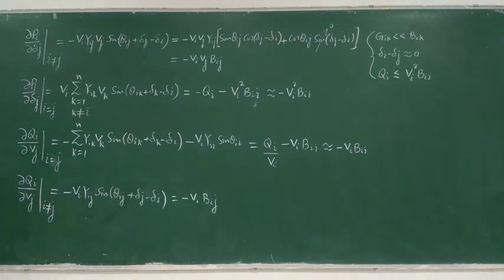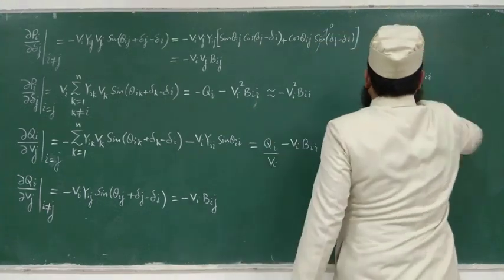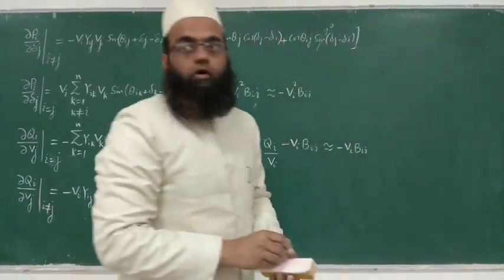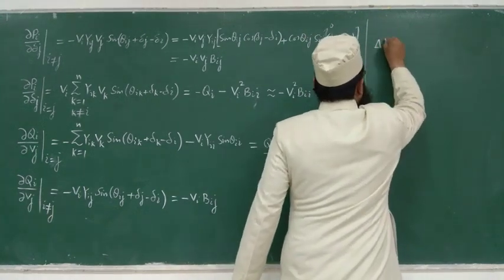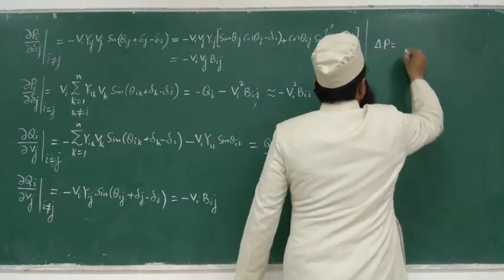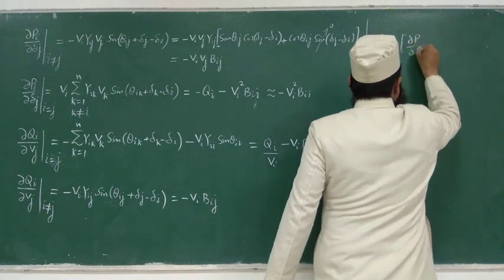Any question till now? No question. So I will run this. Just note down all these values, I will ask you again, or I will utilize this space. From decoupled load flow, we have seen that del P is nothing but del P upon del delta.